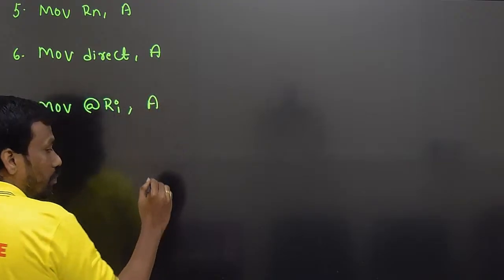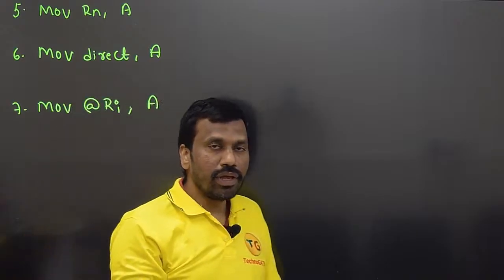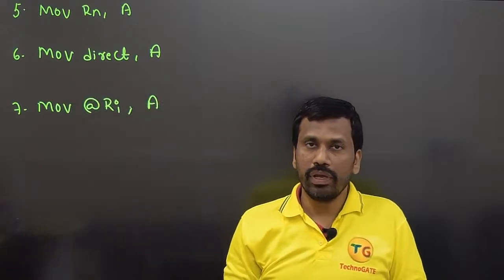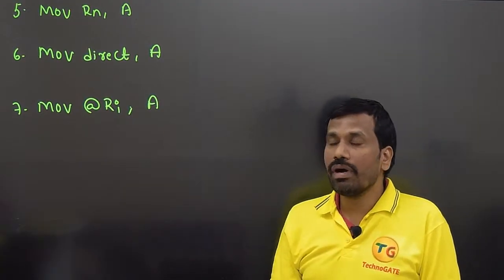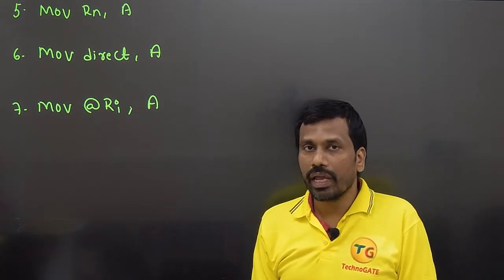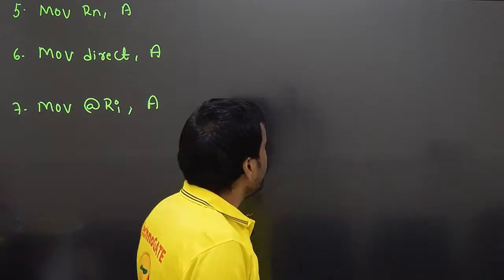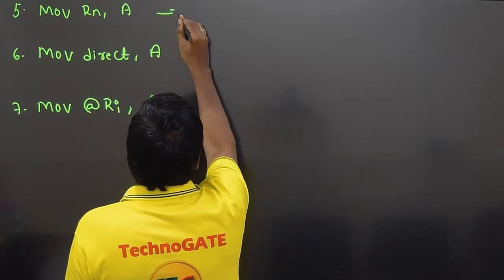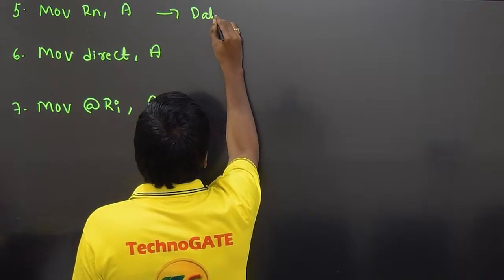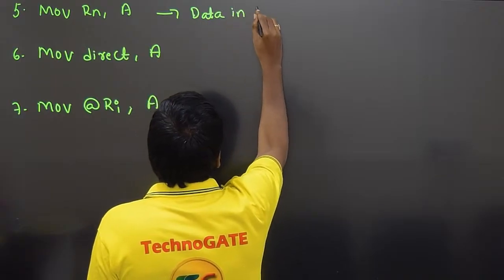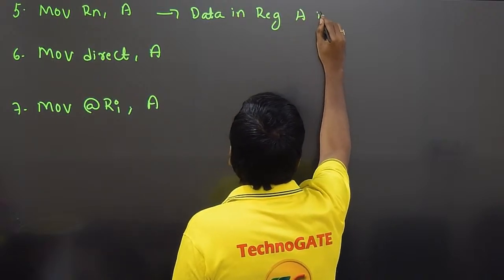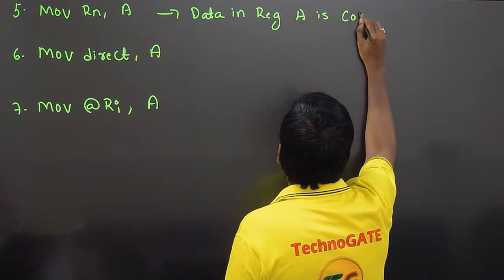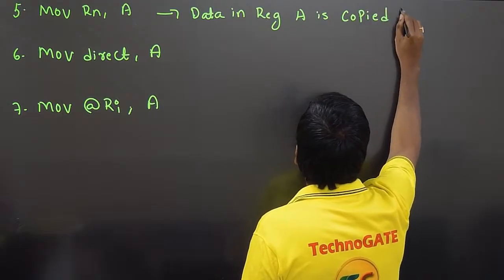So previously what we have discussed, I am writing opposite. What do you mean by opposite? MOV Rn, A; MOV direct, A; MOV @Ra, A. So what does it mean? Data in register A is copied to the Rn register.